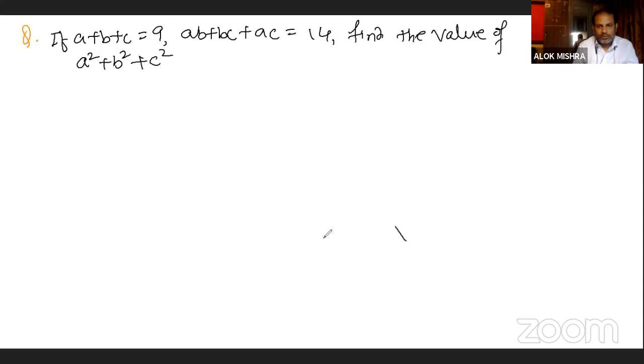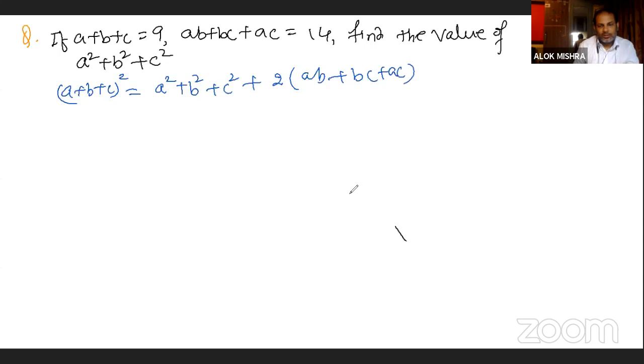So I'll rewrite the formula for reference purposes. (a plus b plus c) the whole square equals a square plus b square plus c square plus 2 times (ab plus bc plus ac).